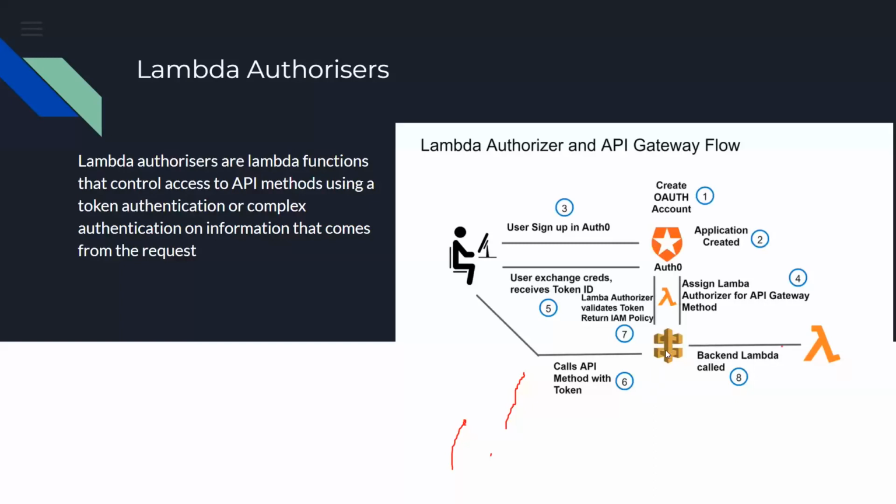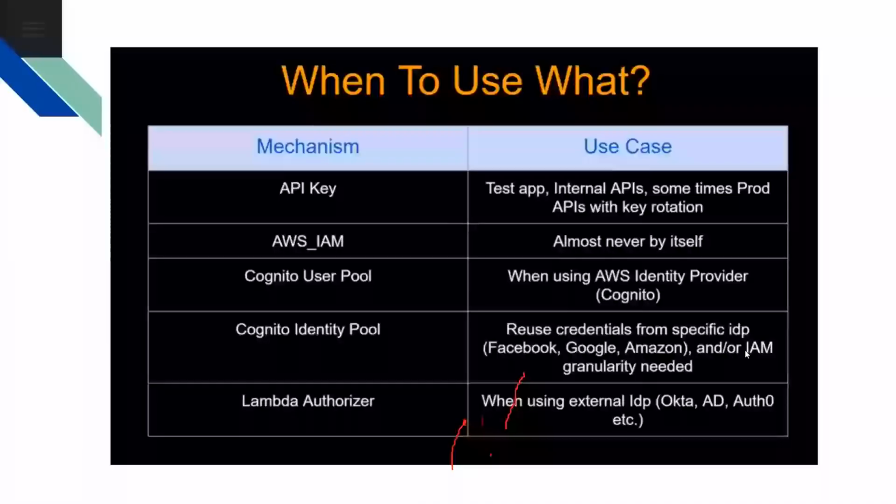So here, Lambda is the one that authenticates and returns the IAM policy. It validates it with Auth0, and if the token is valid, then we have access to the backend Lambda. If the token is not valid, you wouldn't have access to the backend Lambda.